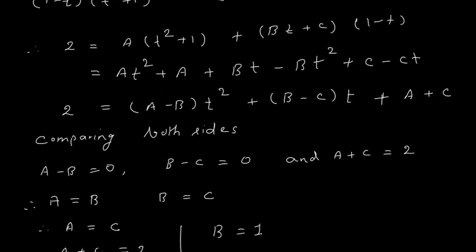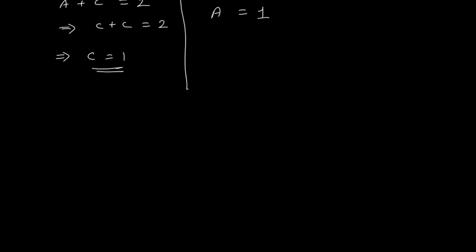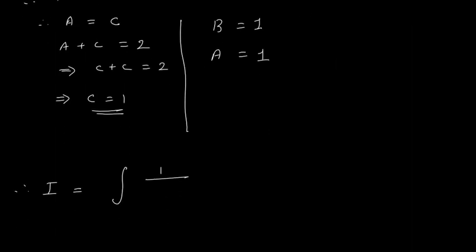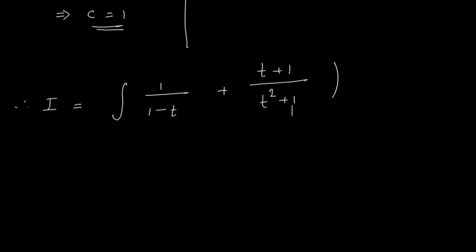Okay, so therefore I will say that my integration I is equal to the integration of 1 upon 1 minus t plus, the value of b is 1, so it is t plus the value of c is 1, upon t square plus 1 into dt.